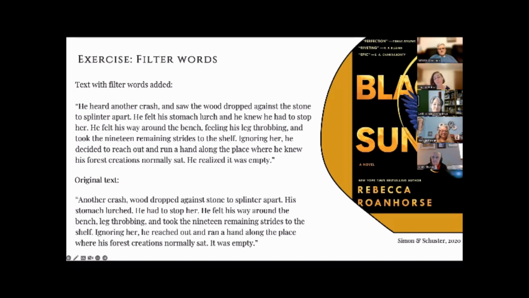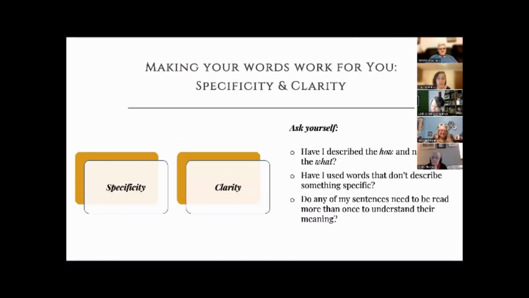Keeping an eye out for filter words is a great tip to strengthen your prose in general. And along those lines, I'm going to talk a little bit about specificity and clarity. When we're talking about prose that is interesting and compelling to read, specificity is your best friend. Specificity will always make your prose more interesting.